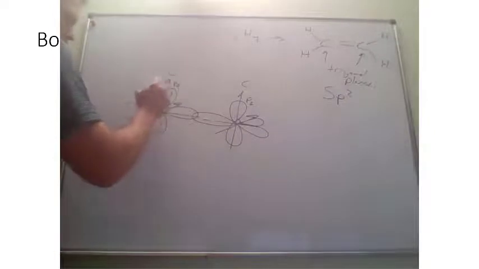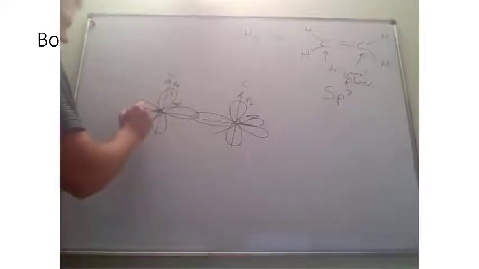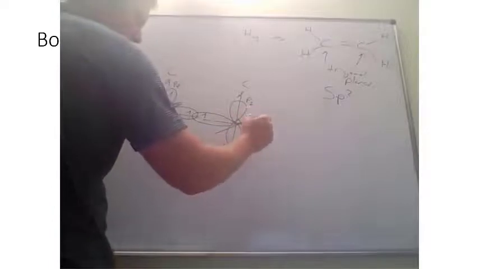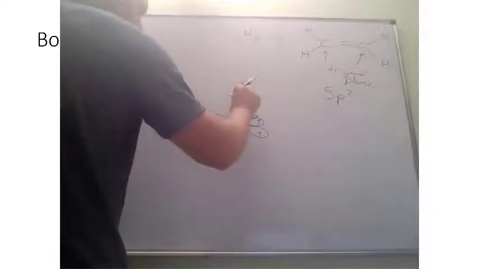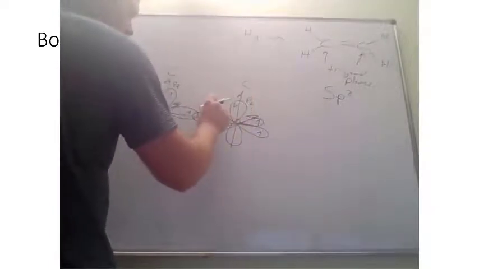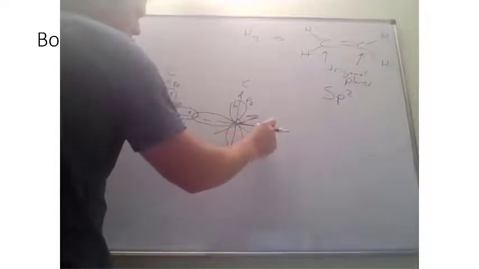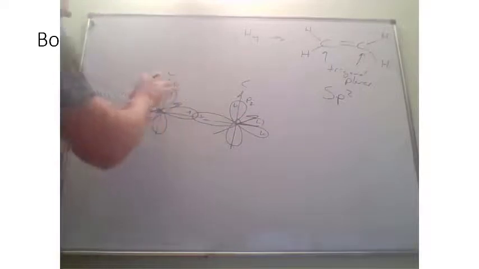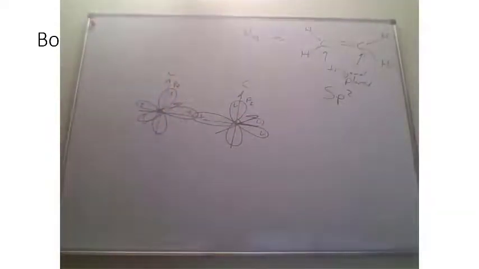Okay, and there's going to be 1 unpaired electron in each of the 3 sp2 hybrid orbitals, and 1 unpaired electron in each of the p orbitals. And we're going to put those electrons in opposite spin notation for the 2 different carbons.